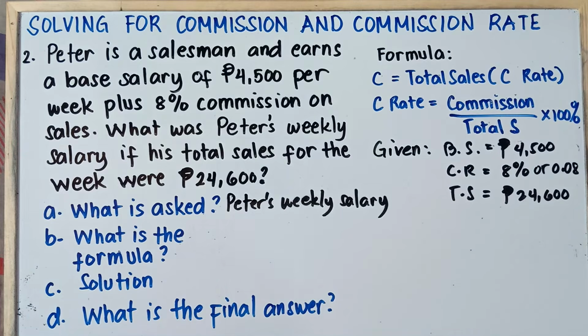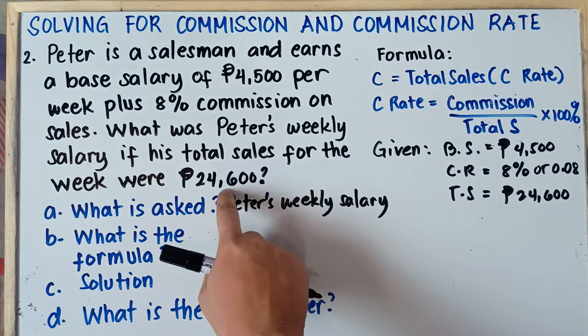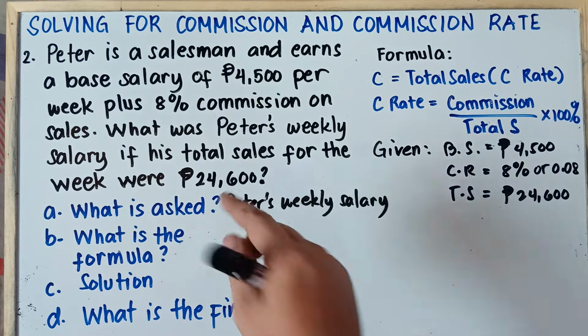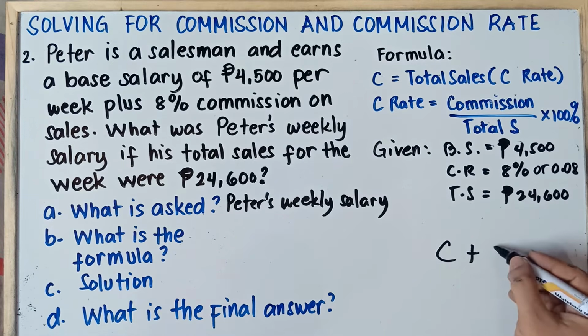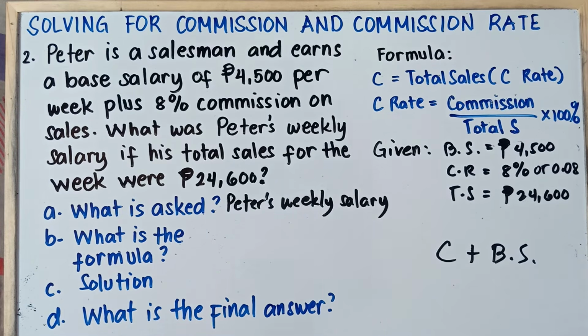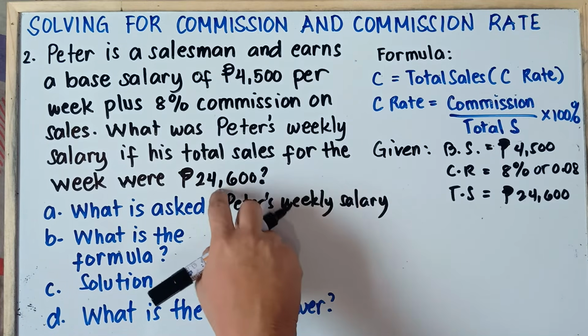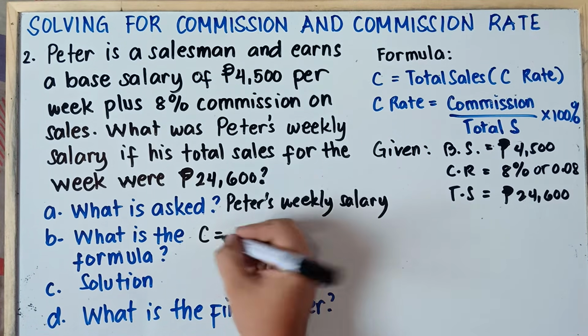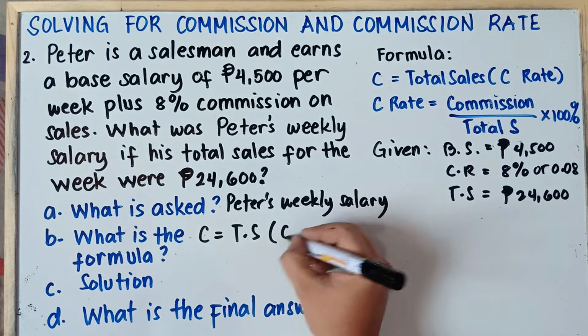Alright, and what is the formula to be used? First thing, class, we need to find the commission of Peter's total sales, that would be 24,600. And once we get the commission, class, we need to add the commission plus the base salary. And that would be Peter's weekly salary. So, the first formula: commission is equal to the total sales multiplied by the commission rate.